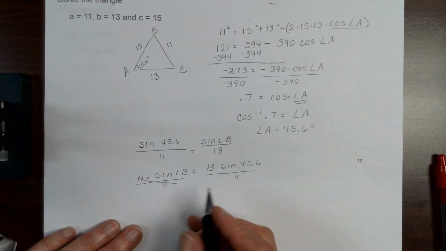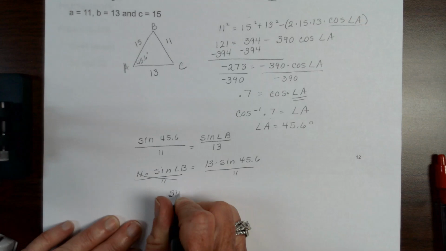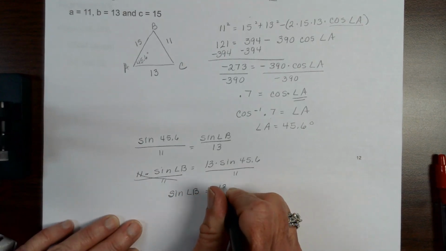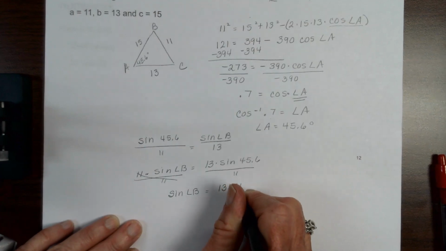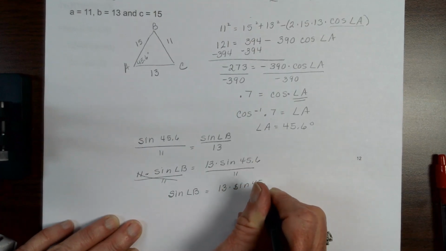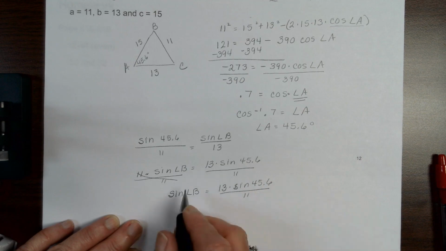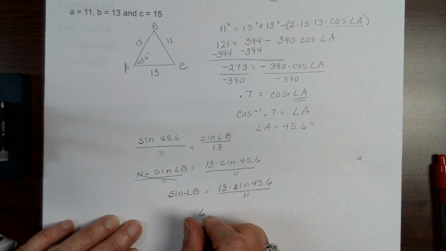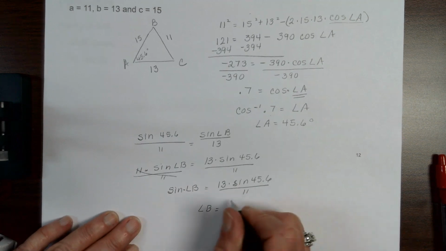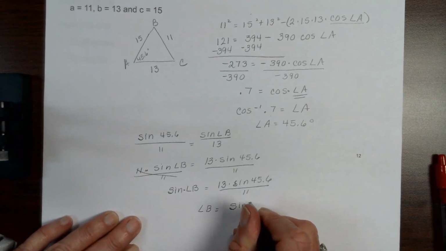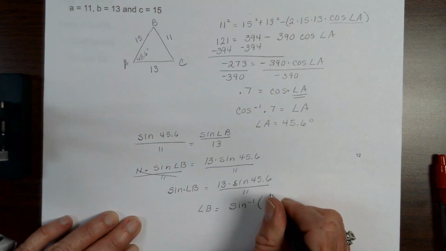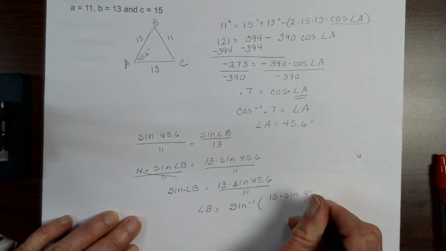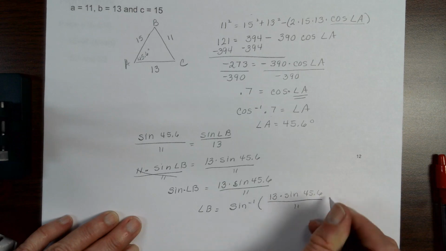So I've got the sine of angle B is equal to, but I'm going to have to use the inverse because I want to solve for angle B. So angle B is equal to the inverse sine of 13 times the sine of 45.6 divided by 11.